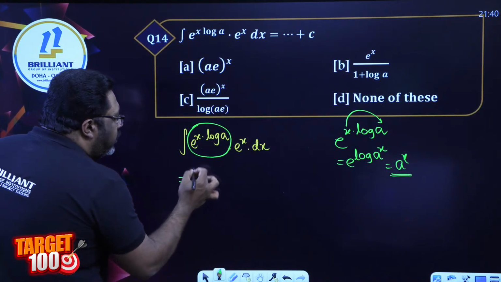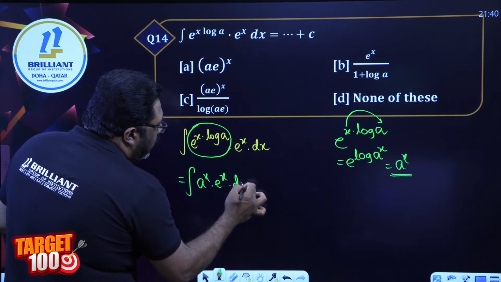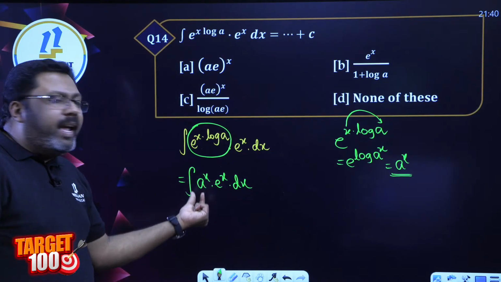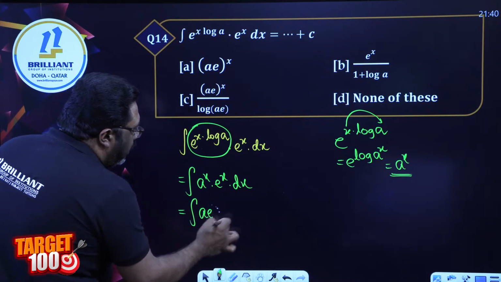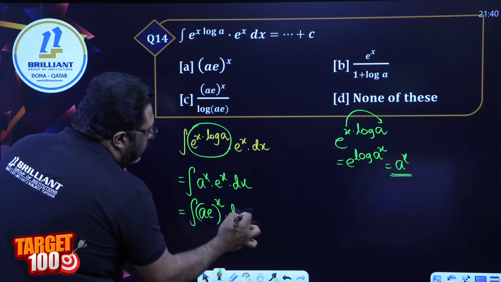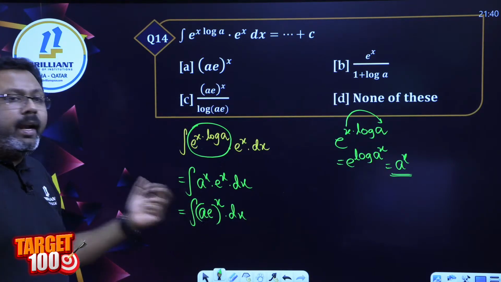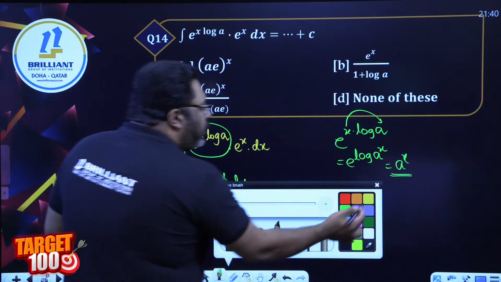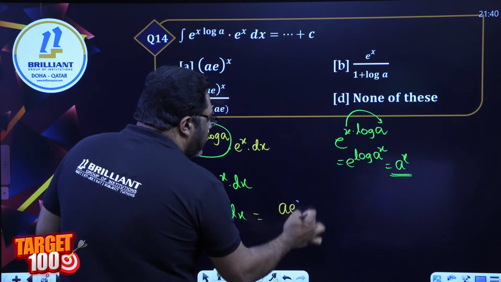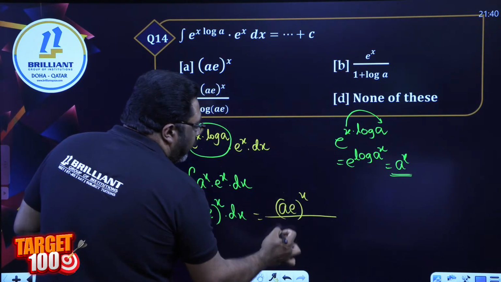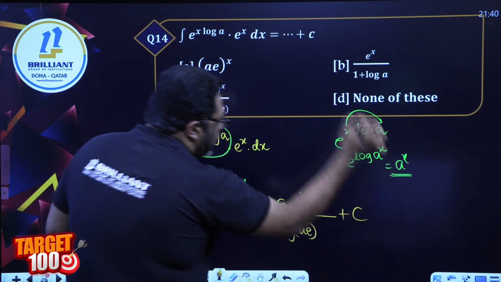So this is the actual integral a raised to x into e raised to x into dx. Both the bases have the same power, so it's actually ae raised to x dx. It's the integral of an exponential form a raised to x, which is a raised to x by log a plus c.